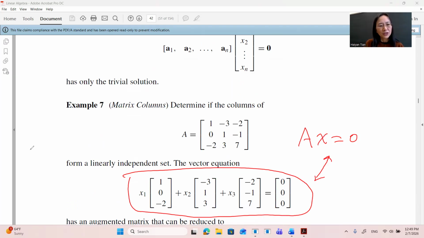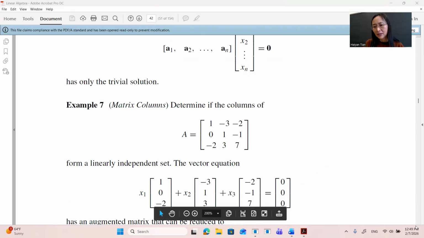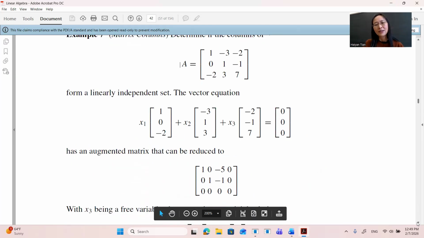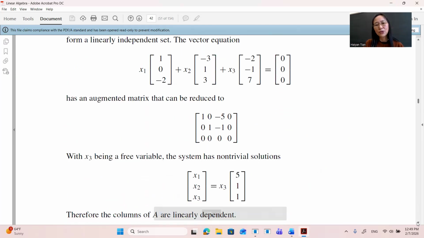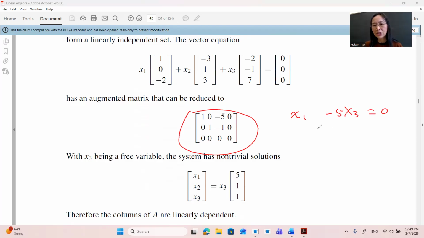So we solve this homogeneous system, and then what do we find? After you reduce the augmented matrix, this is the reduced augmented matrix. That means the first equation is x1 minus 5x3, and the second equation is x2 minus 1x3 equals 0. With that, we notice a free variable.